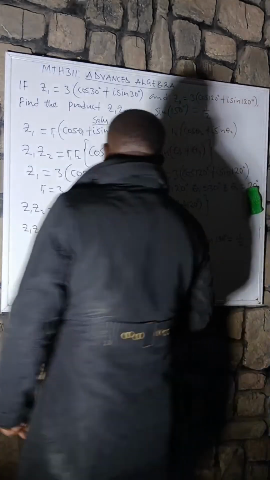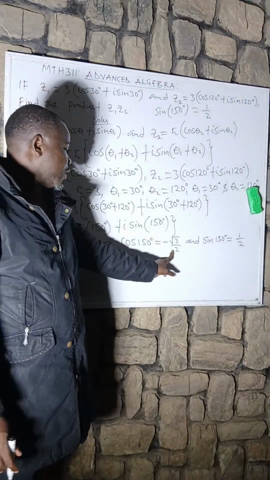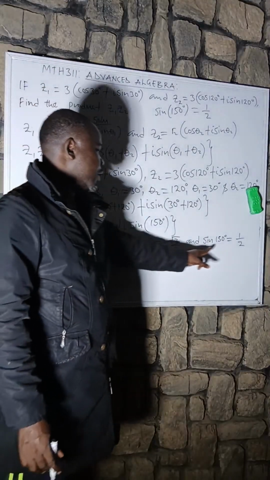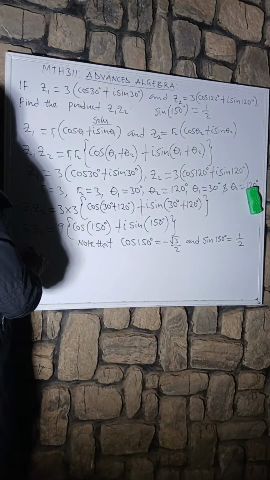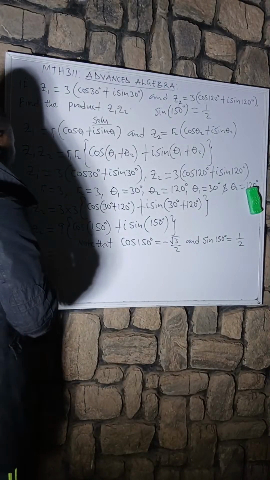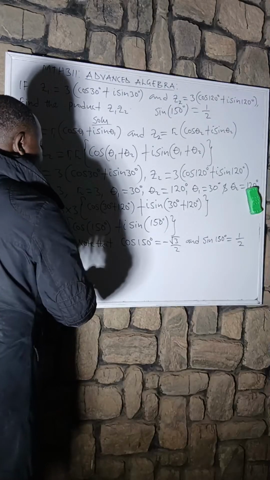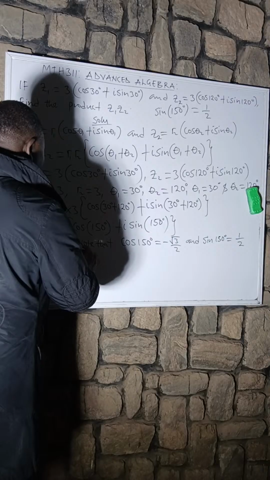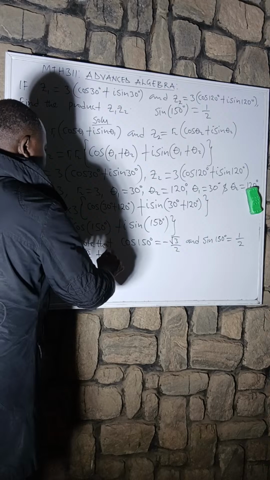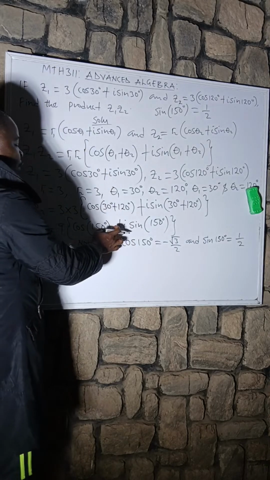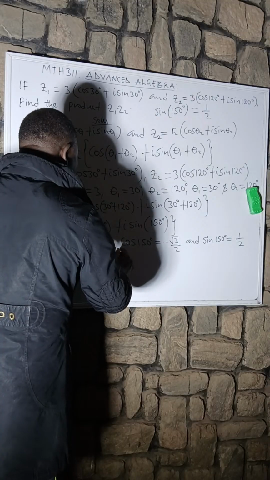So at this point, we need to substitute this here and this here. Therefore, our Z1 times Z2 will be equal to 9 open bracket minus root 3 all over 2 plus, remember that we have i here, so i all over 2.